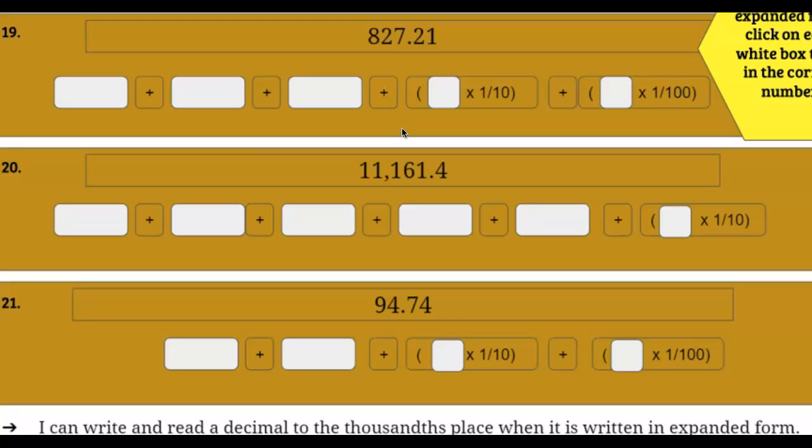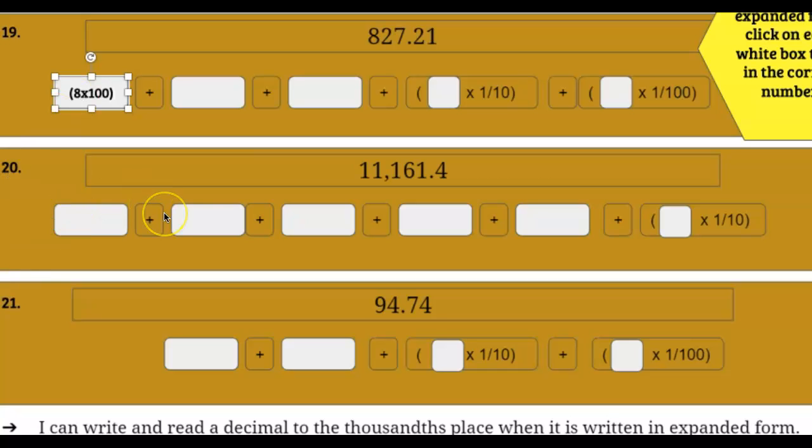So 1/10 is the same as 0.1, and 1/100 is the same as 0.01. Okay, well, how are we going to expand the 8 in the hundredths place to expanded notation? Remember, you need the digit and you need the place value.